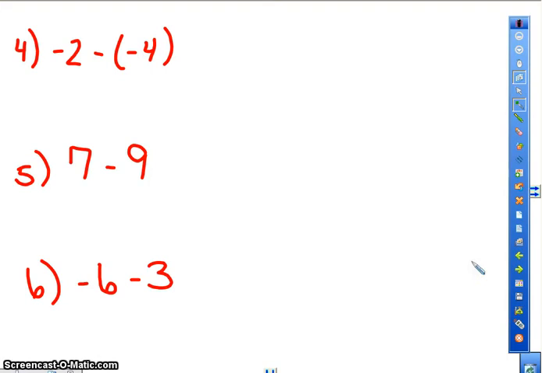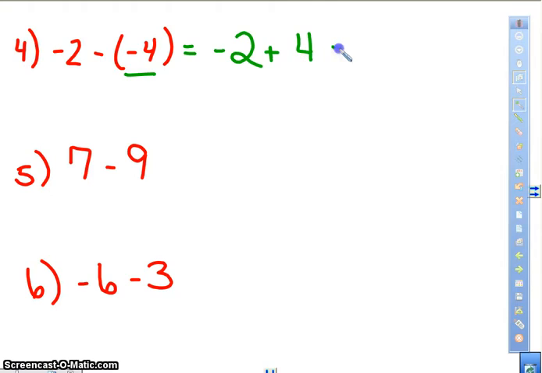For these subtraction problems, you are adding the opposite. So what I'm going to do is rewrite each problem as an addition problem. So -2 stays the same. Subtraction becomes addition. The opposite of -4 is positive 4. And then from here on out, I'm using my adding integer rules. -2 plus 4 is 2.